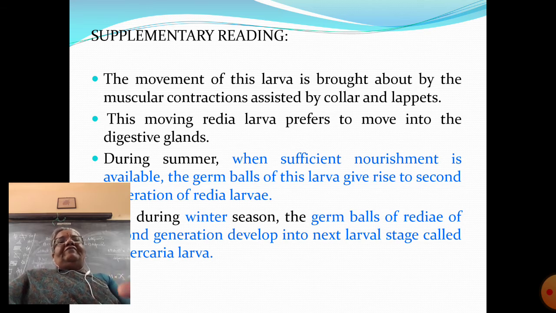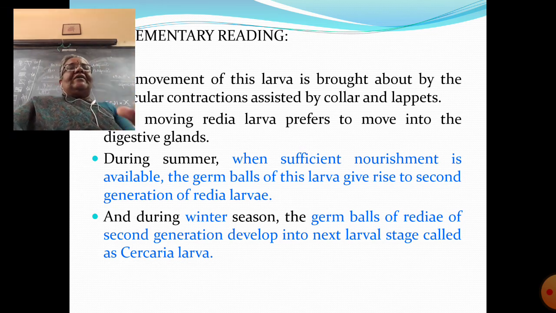So, the larva moves inside the host, and the movement is brought about by muscular contractions assisted by the collar and lappets. You must have seen while describing the structure. And normally they prefer to get into the digestive glands like the liver. And now you should understand, during summer, if sufficient nourishment is available, the germ balls present in this larva give rise to a second generation of redial larvae.